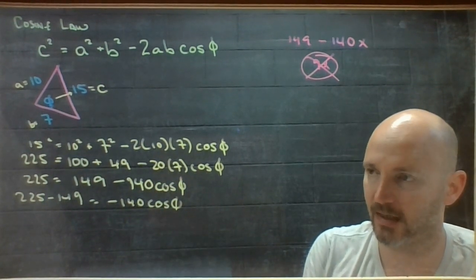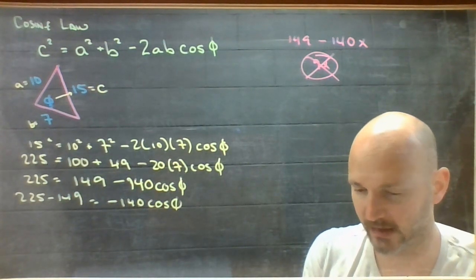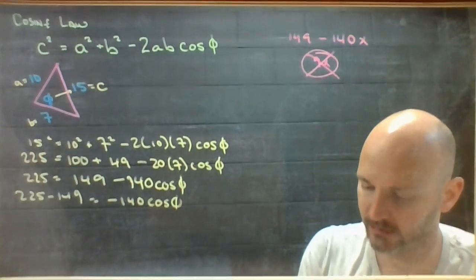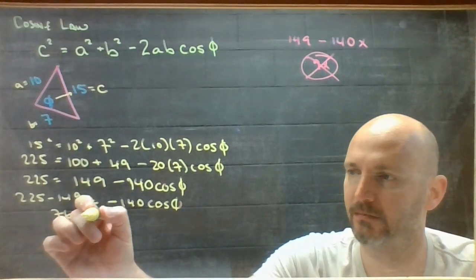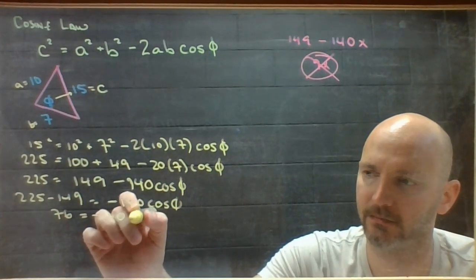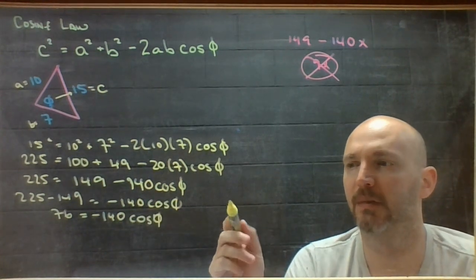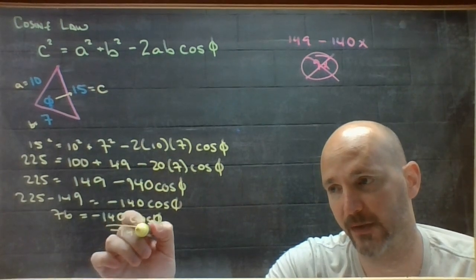And 225 minus 149 should be 76. I'm just going to check that. Okay. And to finish, I need to divide both sides by this negative 140.